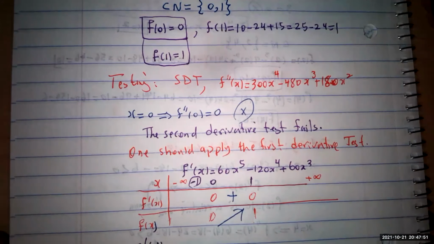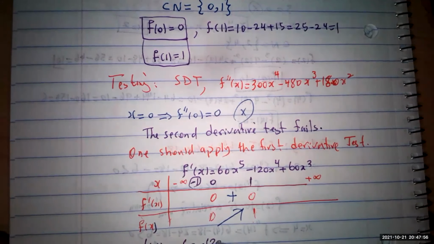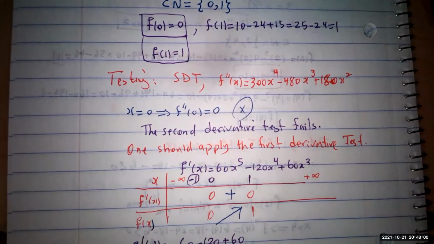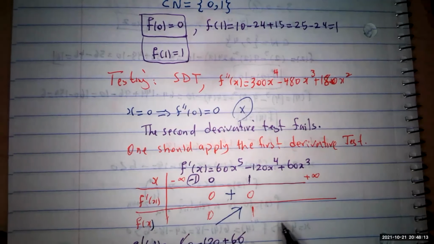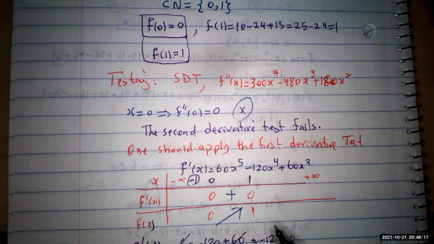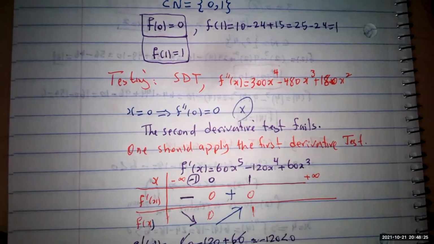So it's going to be -60, minus 120, and the positive 60. That gives you f prime of -1. In this case, these 2 would cancel out. You get -120, which is a negative number. So this would be negative. Negative means down here.